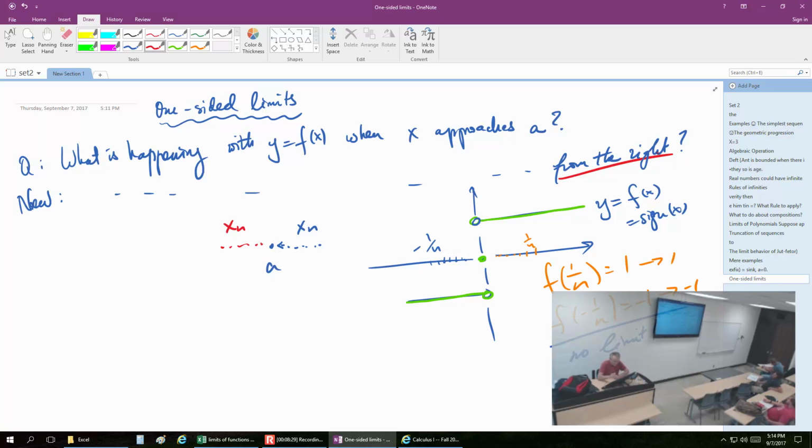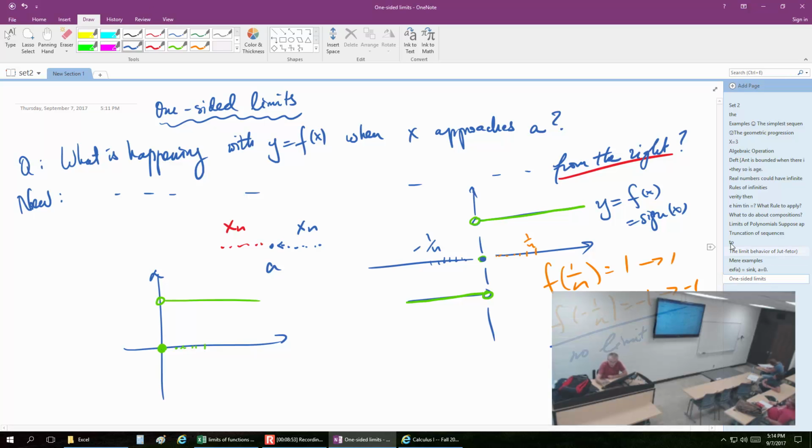Everything is fine because this is what's left. I literally take the graph that I already have and just erase half of it. So then there is no issue of what's going on to the left of 0. We have to consider sequences to the right of it.